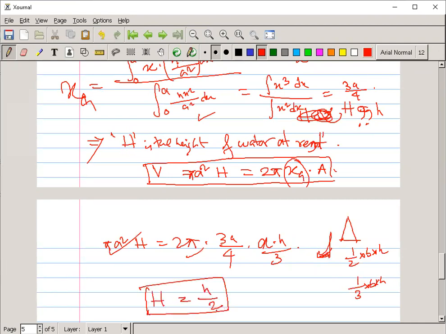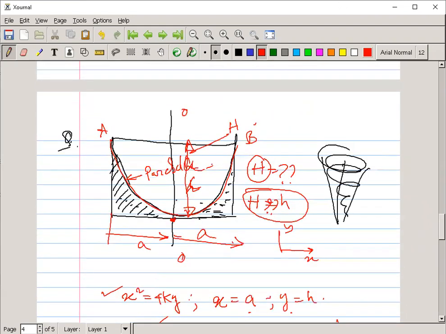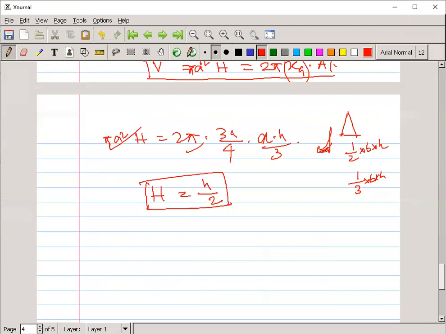It means for the present condition, when the water is rotating and makes a curve which is parabolic, when it comes to the rest condition, the height of the water will be half. This is the mathematical implementation, and we can solve any arbitrary problem like that.